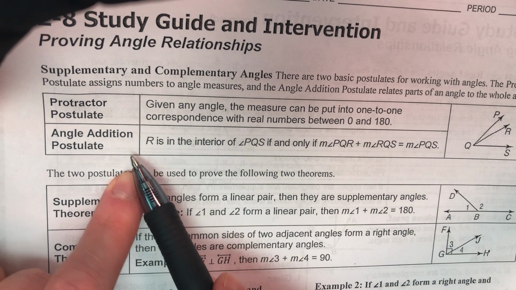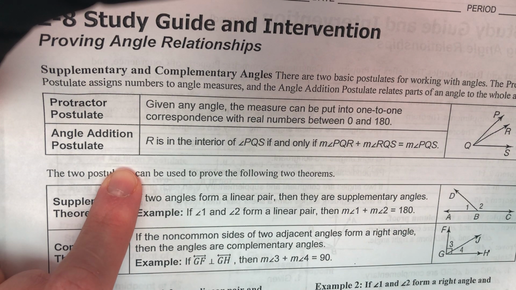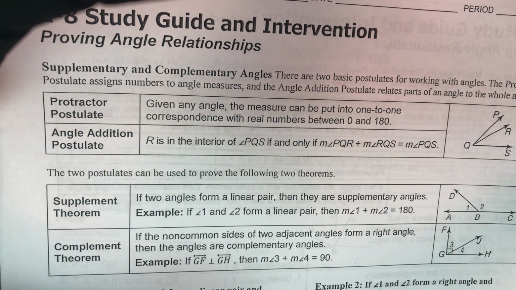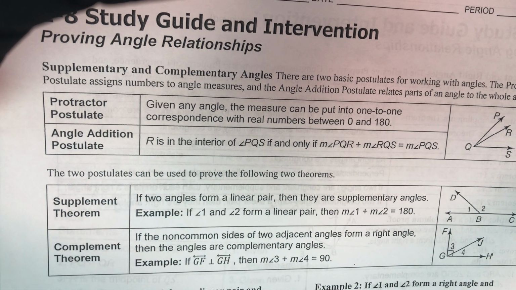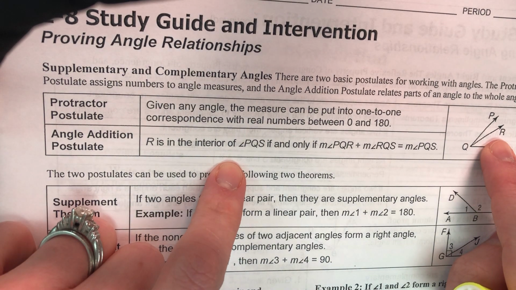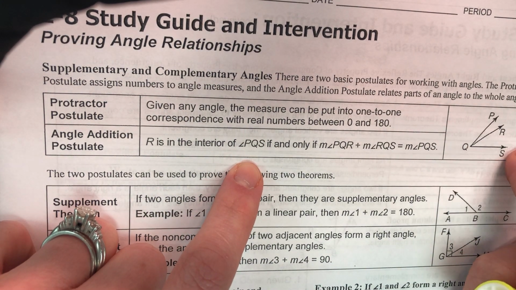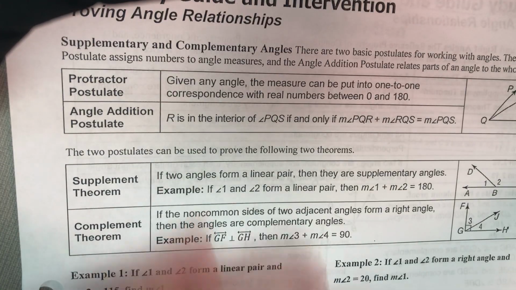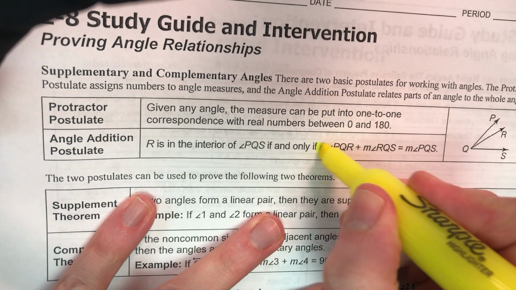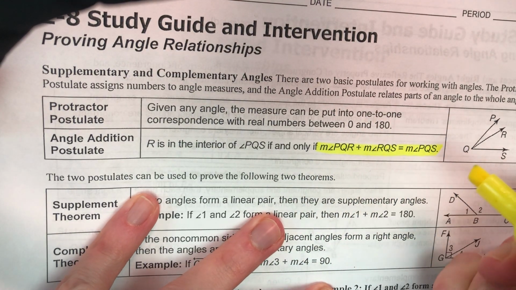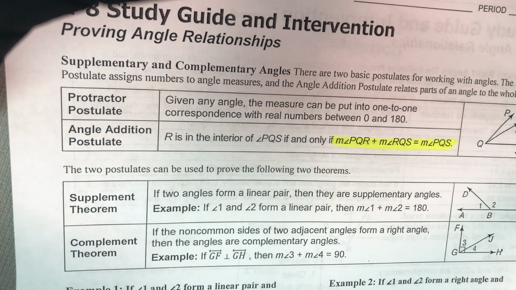The angle addition postulate follows, which is pretty close to the segment addition postulate. And it says R is in the interior of angle PQS if and only if the measure of angle PQR plus the measure of angle RQS is equal to the measure of angle PQS.